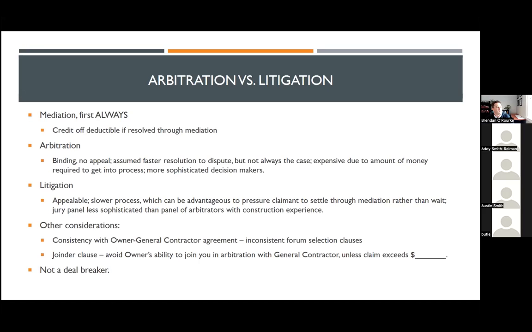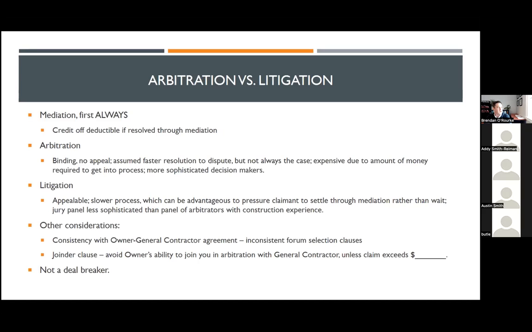Oftentimes if it's mediation within 1 year of a claim being made, and you resolve it, you get 75% of your deductible back up to a certain amount. If it's within 2 years or 5 years, you get 50% back. So there's some benefit to you requiring that mediation be the first step to the dispute resolution process.